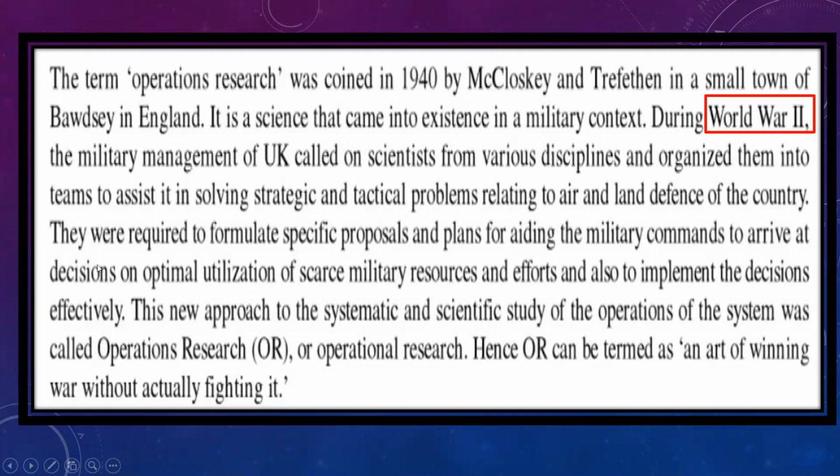The group of scientists was required to formulate specific proposals and plans for aiding the military commands to arrive at decisions on optimal utilization of scarce military resources and efforts, and also to implement decisions effectively. Hence, OR, that is operation research, can be termed as the art of winning war without actually fighting it.